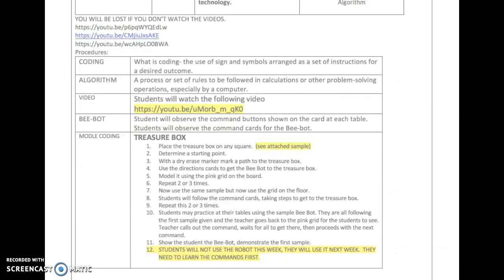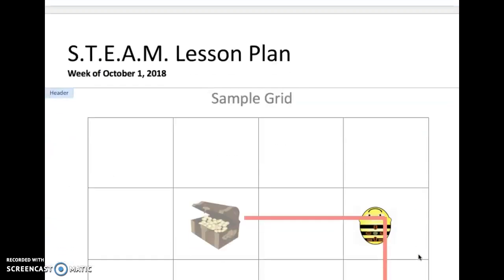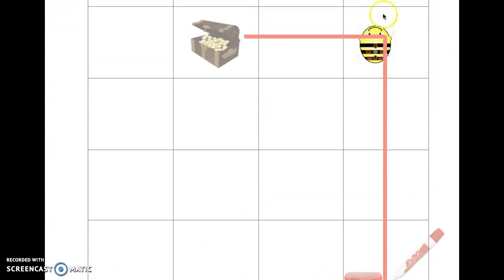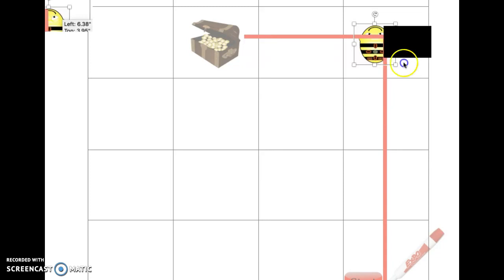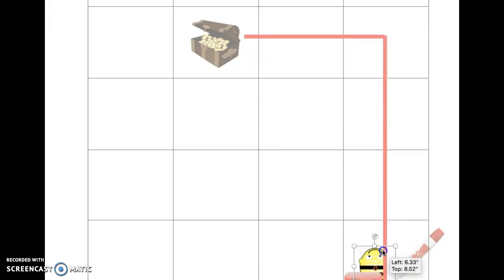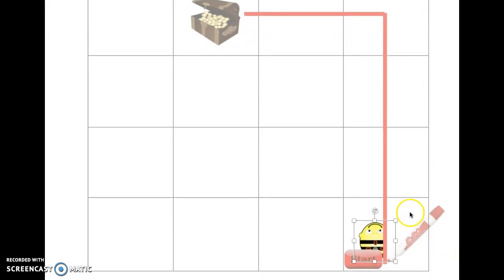It's harder than it looks. So anyway, here's your little B-bot. So he starts here. Here's the treasure box. Remember, this one's not going to go anywhere. This is the stationary one.